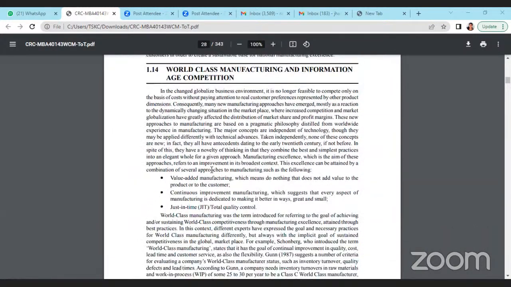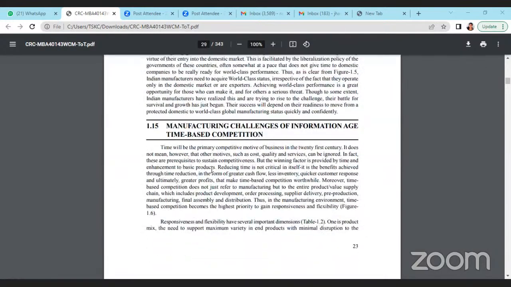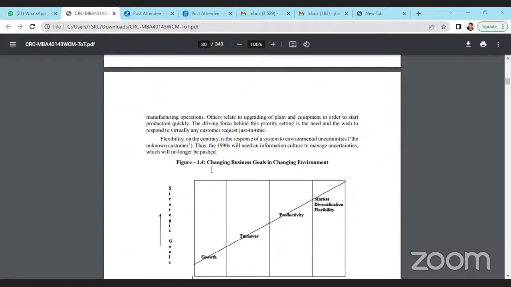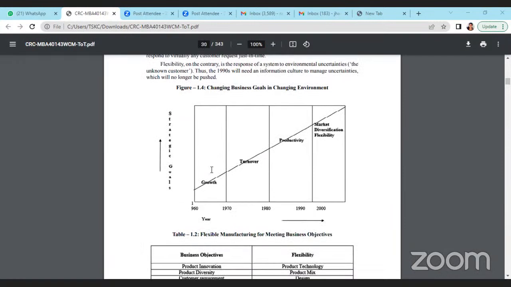World-class manufacturing and information age competition. You can just look at how business goals change in a changing environment, meaning how the goals are being changed in the total business environment. In the 1960s there was only slight growth, and then from the 70s to 80s it was turnover. Earlier they only wanted to settle down or set themselves in the market.